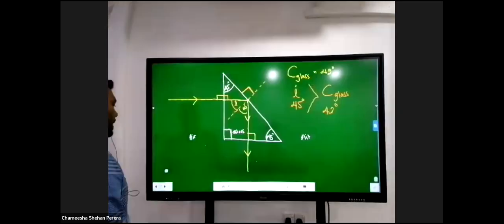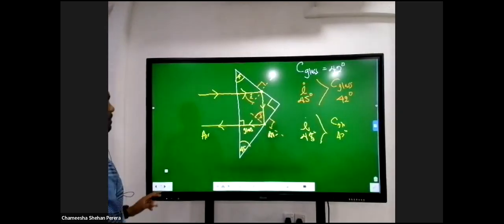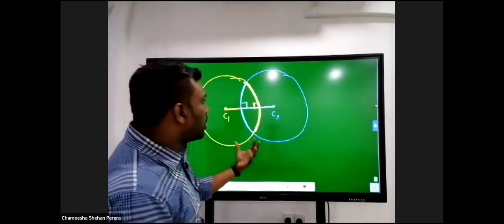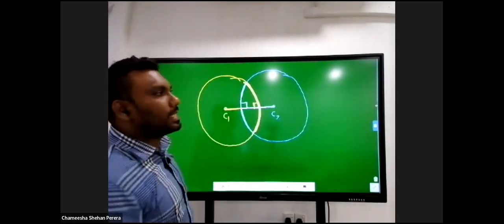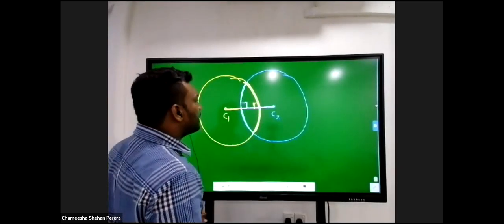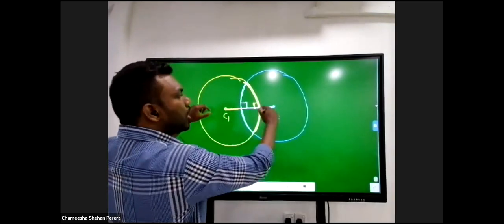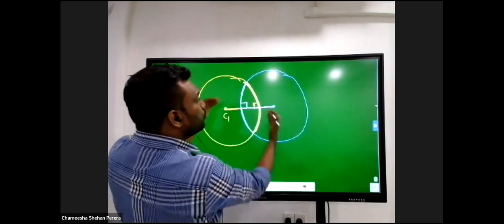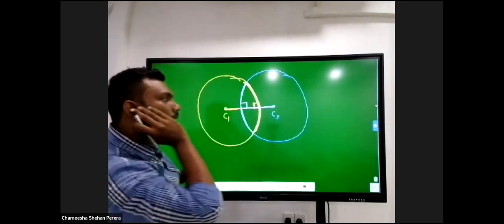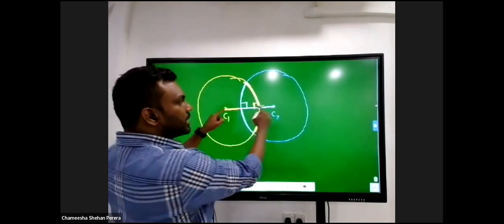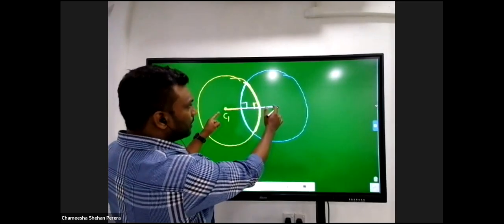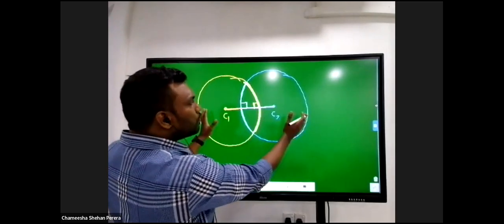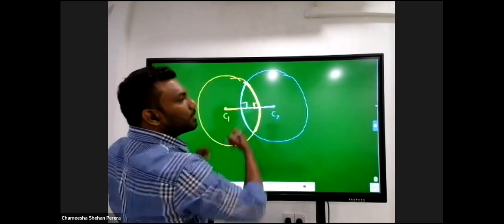In the same way, this convex lens also has a principal axis. What is this principal axis? The line joining the two center points of the two spheres which were used to make this convex lens is called the principal axis.